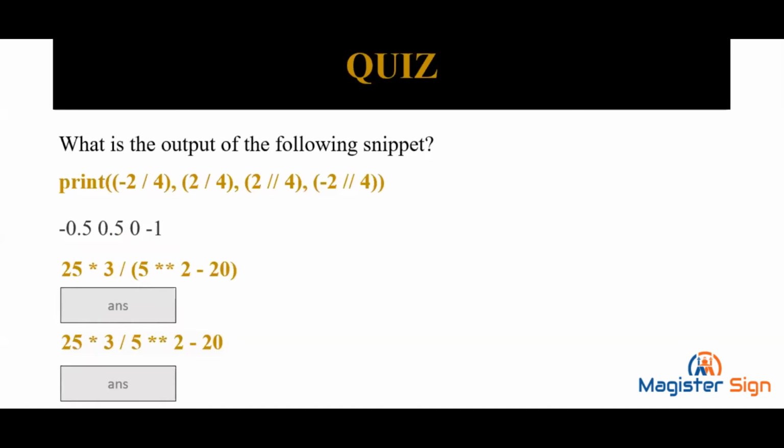You have 25 multiplied by 3 divided by 5 double asterisks, which is power 2, minus 20. That means the first operation should be done between 5 power 2, then the bracket part, and then the division part. Can I have some response now?